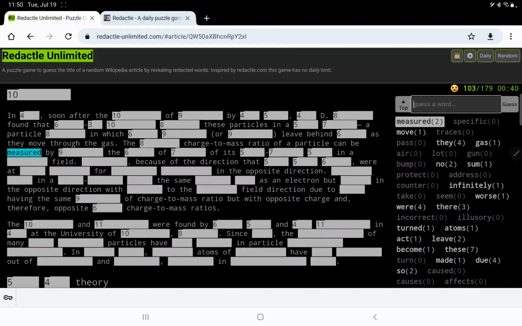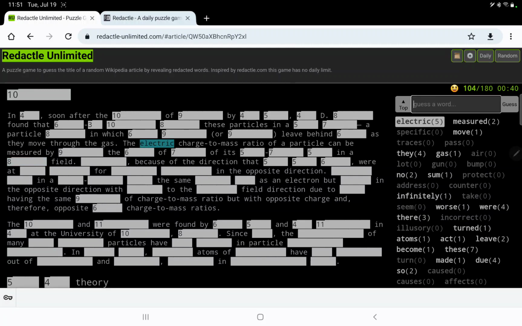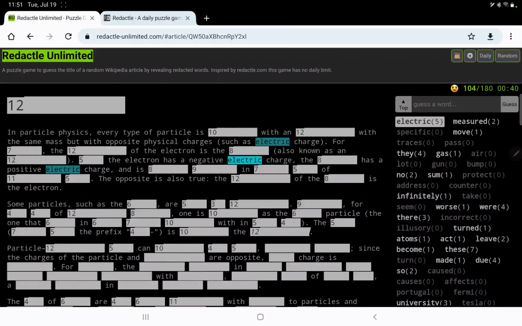The something charge to mass ratio of a particle can be measured by something in a something field. Electric? No. Oh, the electric charge to mass ratio. Okay, I think this might be a good word to get. Yeah, so we have it up at the top. So that was another 8-letter word that can come before charge.